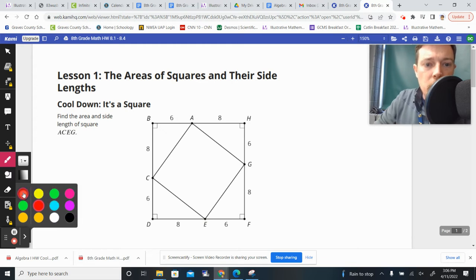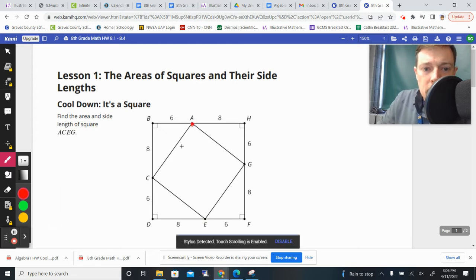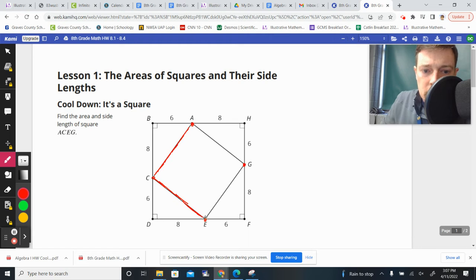So just a quick reminder, square ACEG, just using a little geometry talk there, is this square that I'm highlighting in red. If you connect the dots that are in the letters that they give you for that shape, it will create that geometric figure.